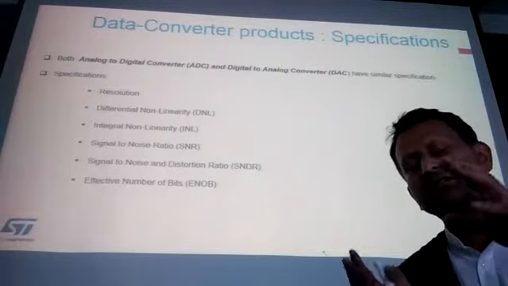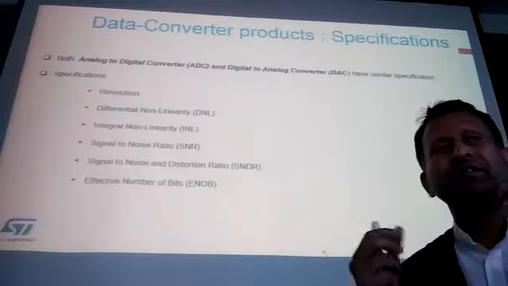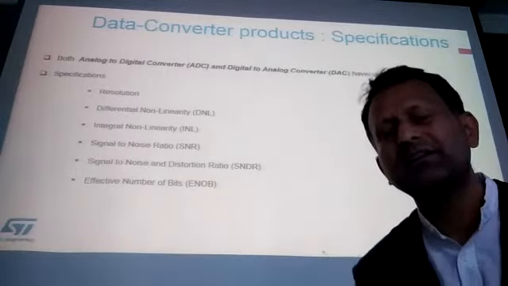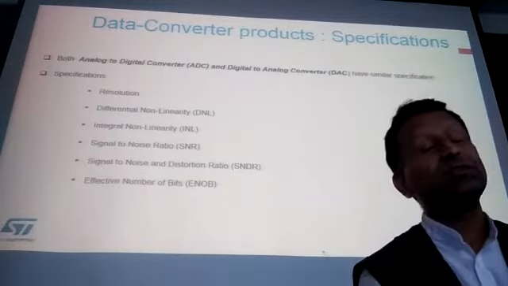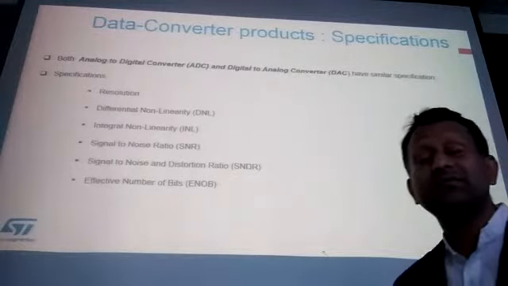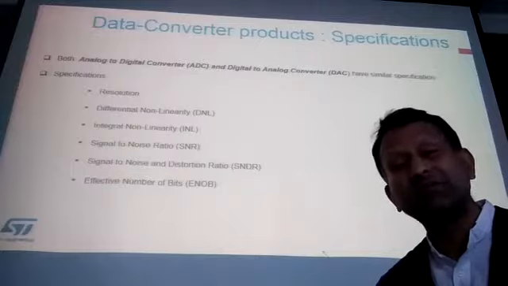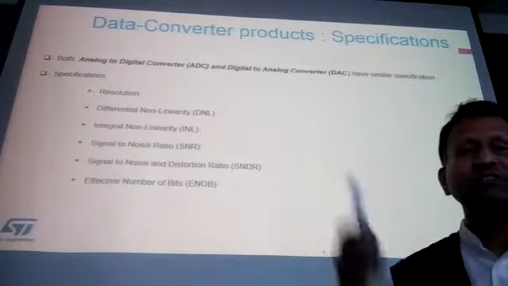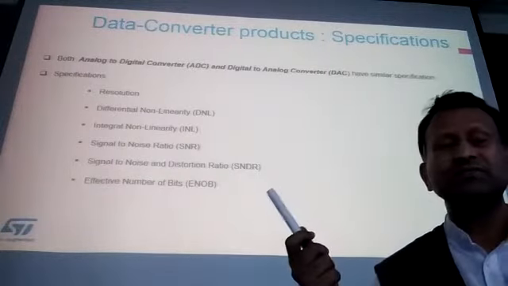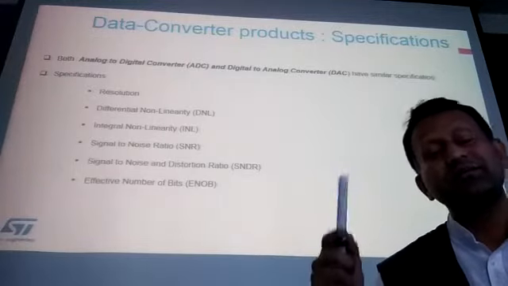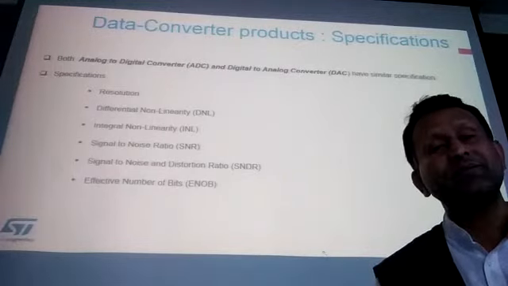So now in the converted signal we have some noise, because we are not converting it into an infinite number of levels. We have some discrete levels available, depending on our hardware.